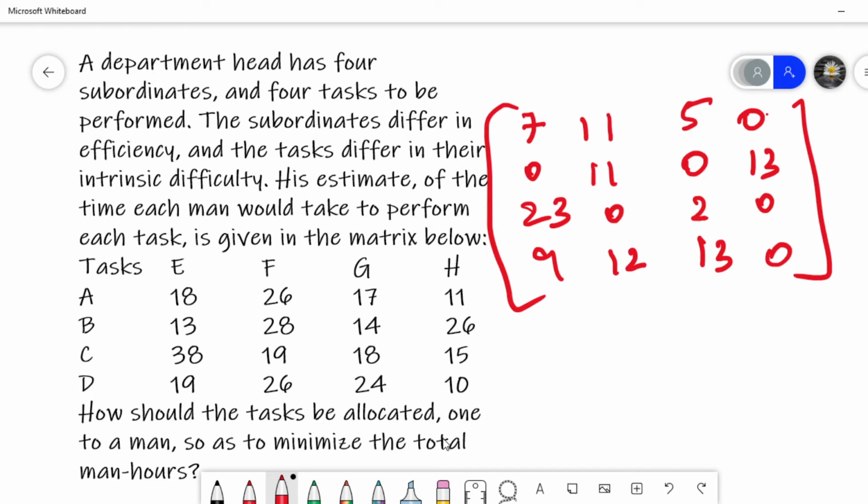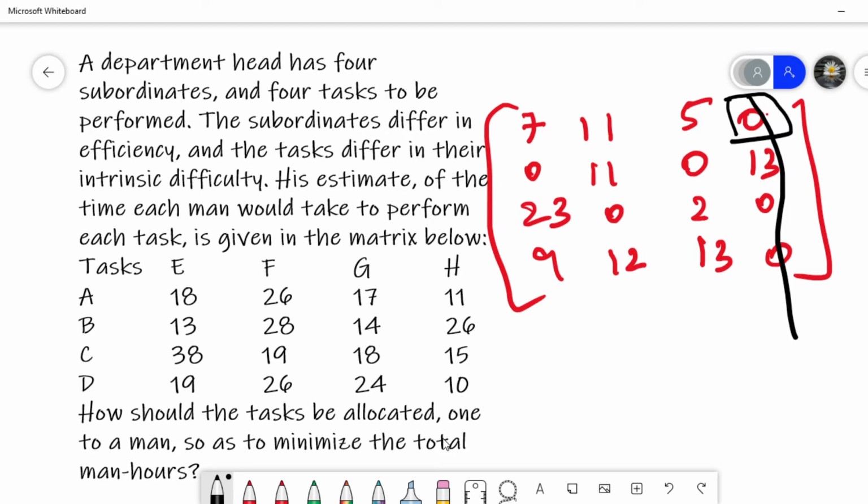In the first row, we have only one 0. I circle that 0 and draw a vertical line passing through that 0.